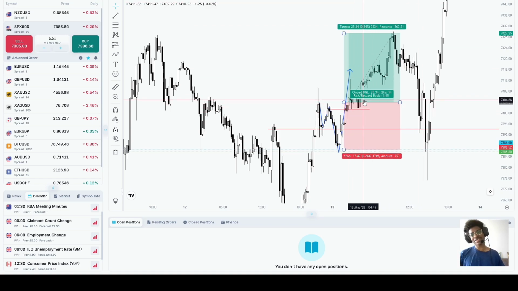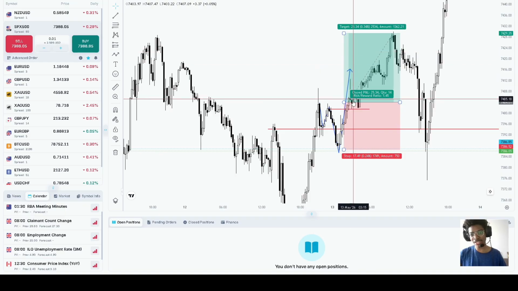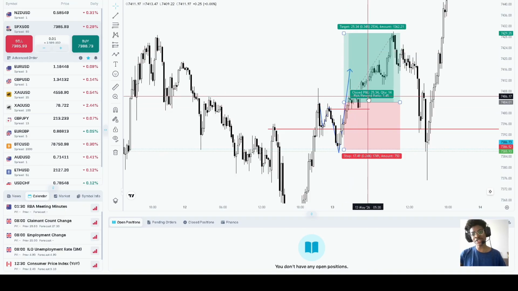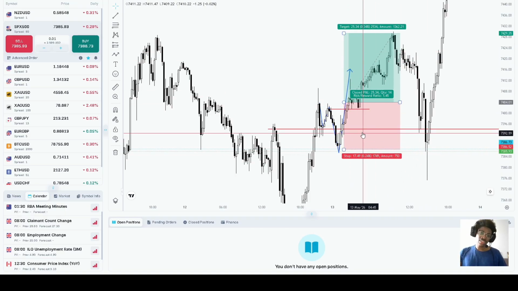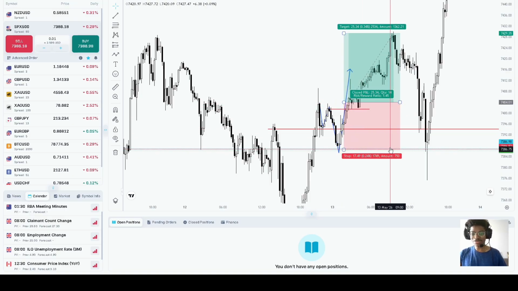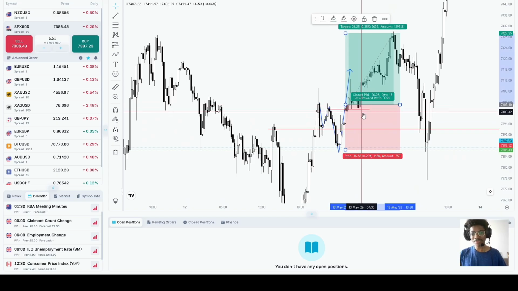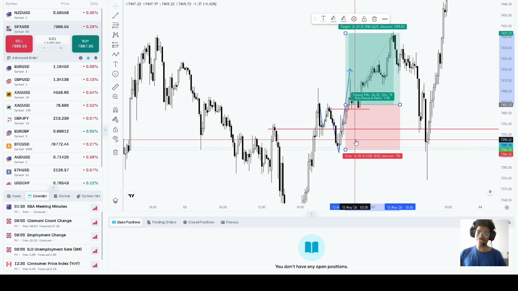Retesting is up to you, but I wouldn't advise you to wait unless this candle is just too long. But if it's small like this, just enter at the close of that one, because in most cases price doesn't come to retest.